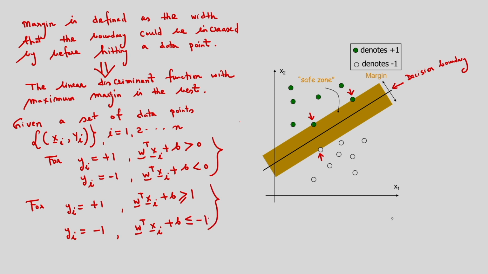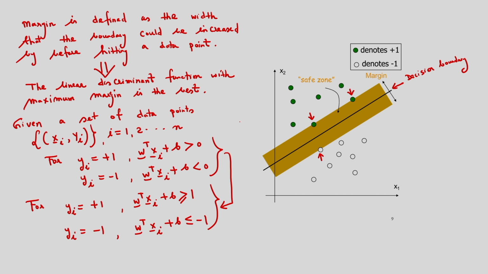So this condition I am getting. It is obtained from the previous one by doing a scale transformation on both w and b. So that means the second set of equations are equivalent to the first set of equations.